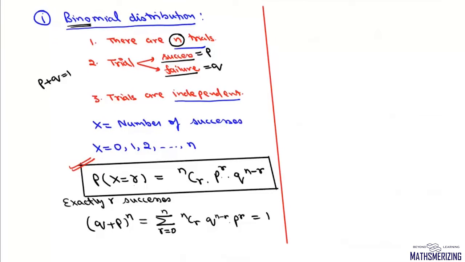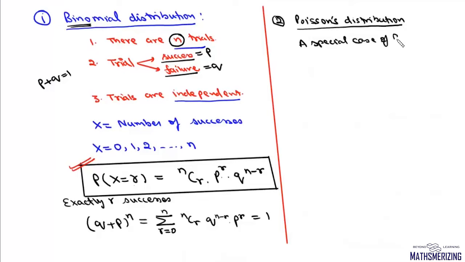Now the second important discrete probability distribution is Poisson's distribution. Now this Poisson's distribution is a special case of binomial distribution.